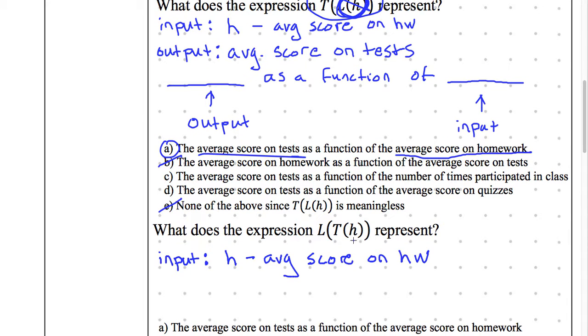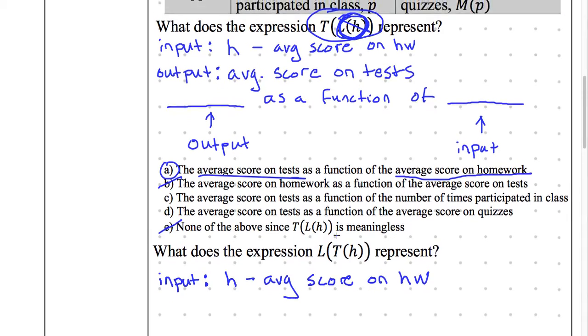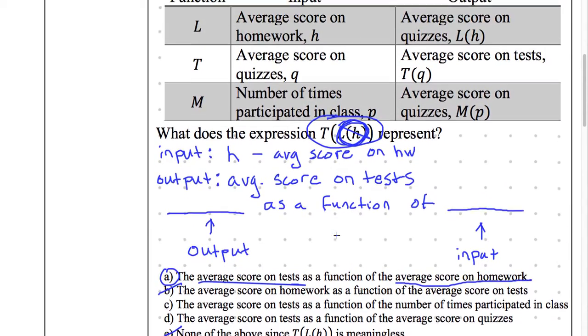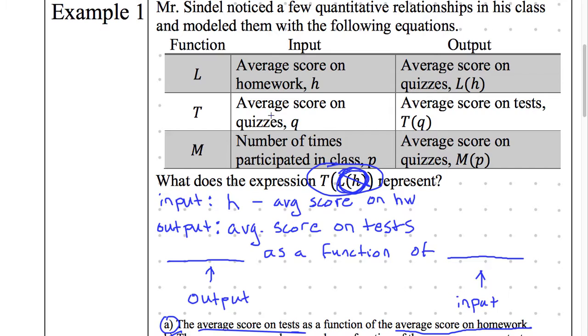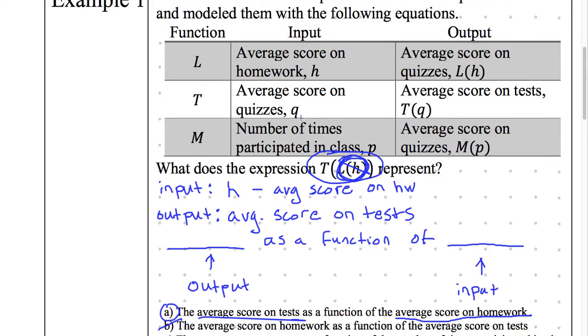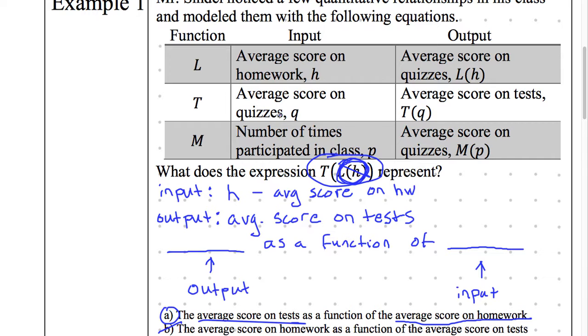So H gets fed into the function T. Let's look at what happens. H is average score on homework. We're going to put that into function T, average score on quizzes. Uh-oh. We've broken this function. It was asking for money and we inserted apples. It's going to break the function. We can only insert H into function T.